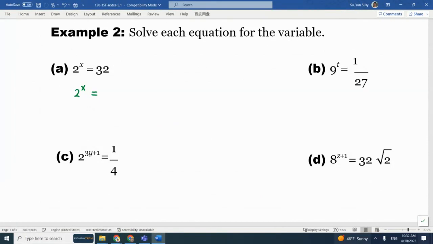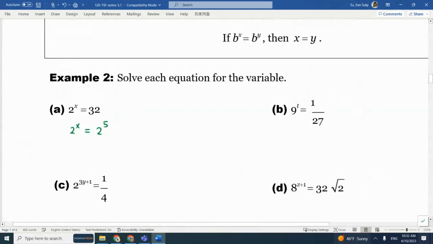Okay, let's review again. 2 squared is 4. 2 cubed is 8. 2 to the 4th is 16. 2 to the 5th is 32. 2 to the 6th is 64. 2 to the 7th is 128. 2 to the 8th is 256. Right? So 32 is 2 to the 5th.